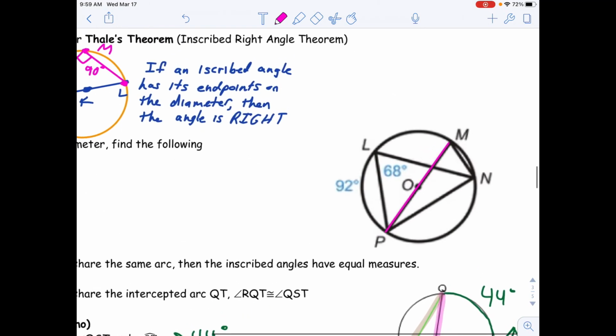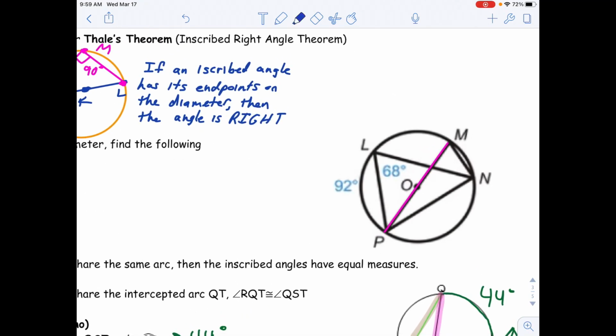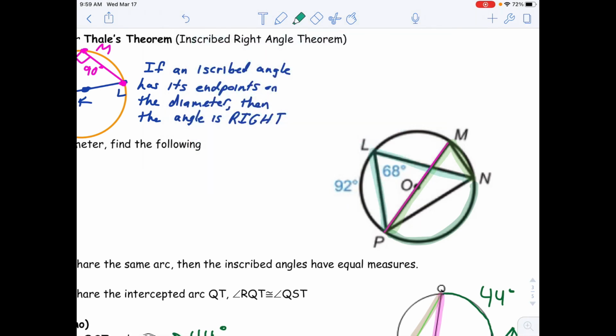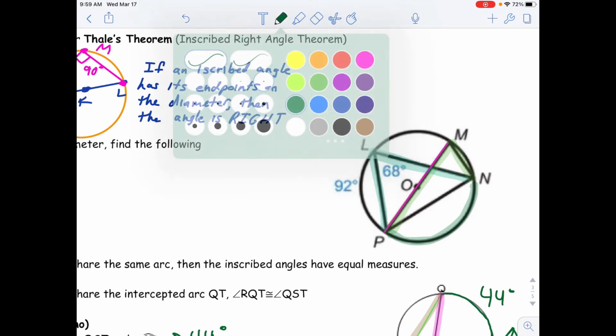This has nothing to do with the diameter. PMN is going to relate to this arc measure here. But hold up. If we investigate further, this angle shares the same intercepted arc.